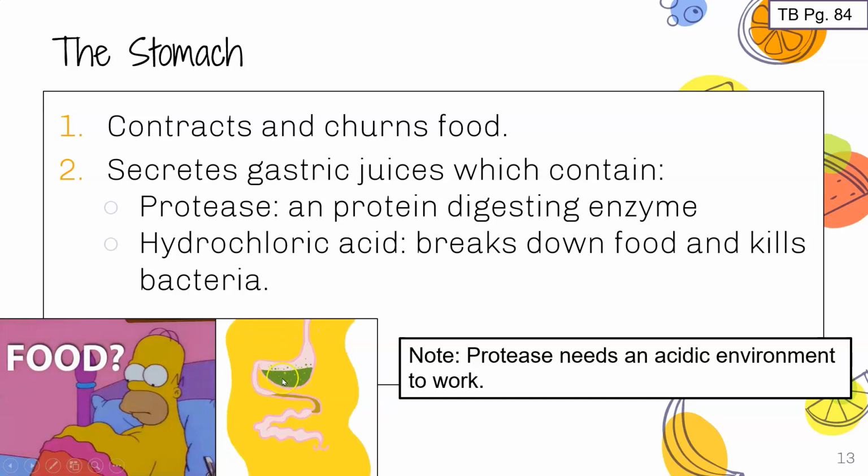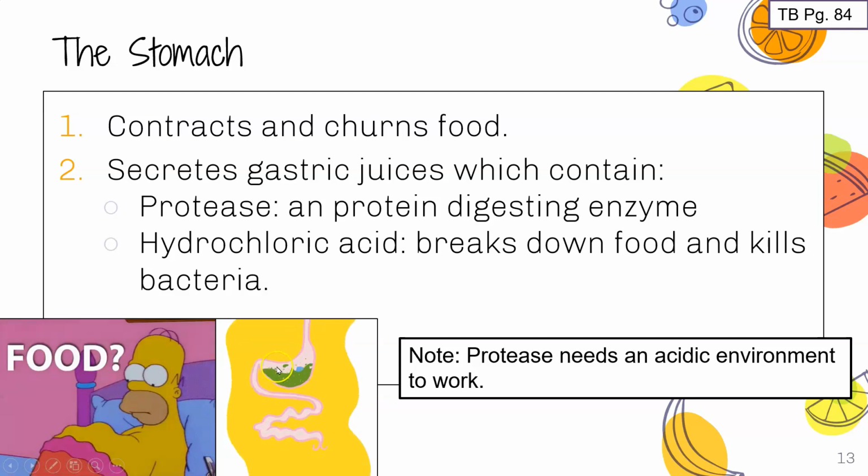These gastric juices, this green thing, have protease, which is an enzyme that will digest the proteins in the food, as well as hydrochloric acid. This hydrochloric acid helps to kill the bacteria in the food. So that is how our body protects us against harmful bacteria.